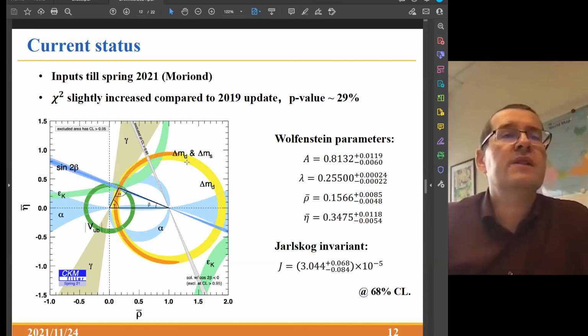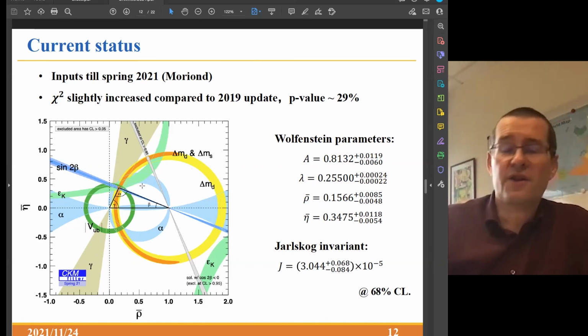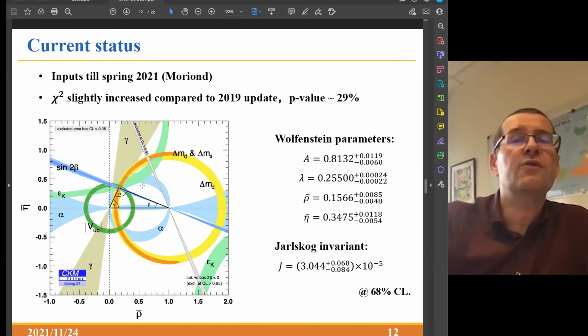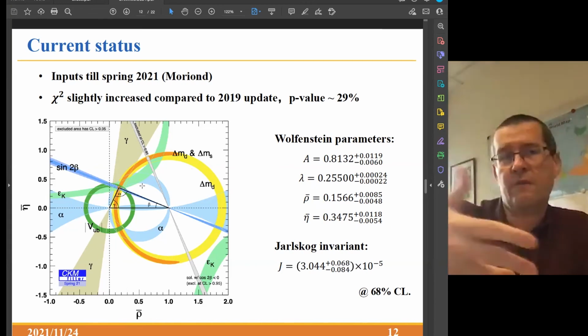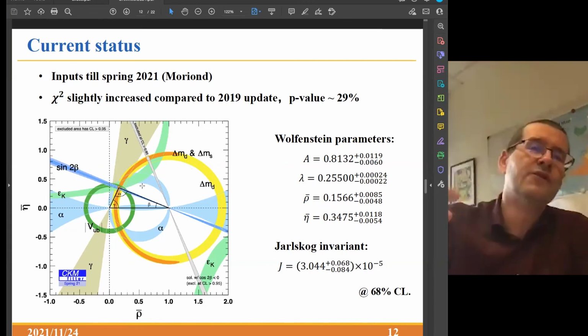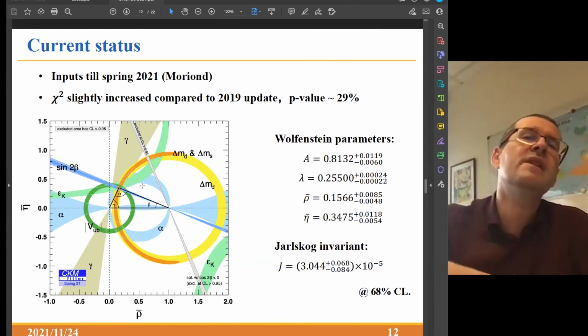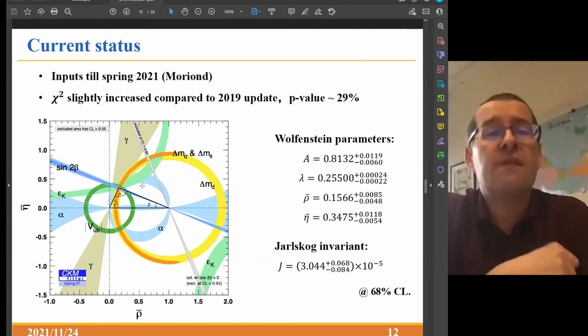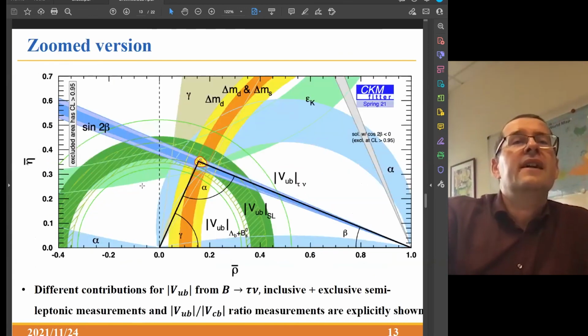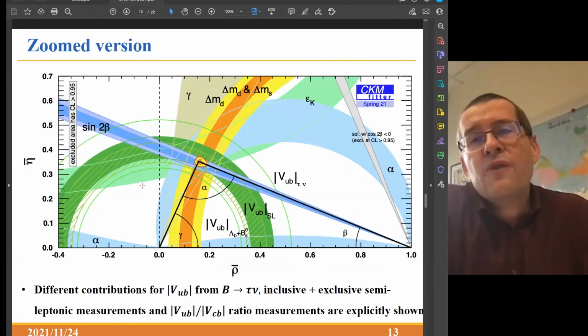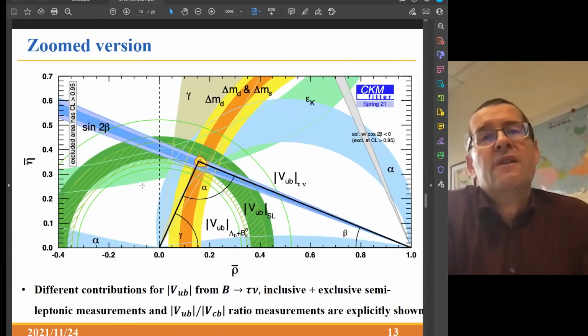You do have sine 2 beta that I just discussed, gamma, alpha, and information on VUB that is actually doing the combination of the various methods I presented, and even some that I didn't present, actually. I forgot to mention that you can also measure VUB through electronic decays of the B meson, so that's something that I should add.